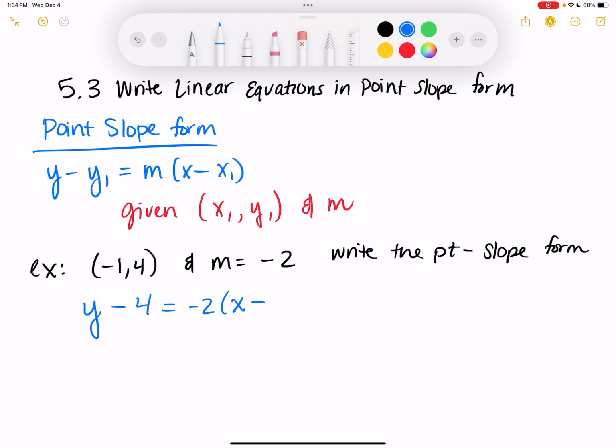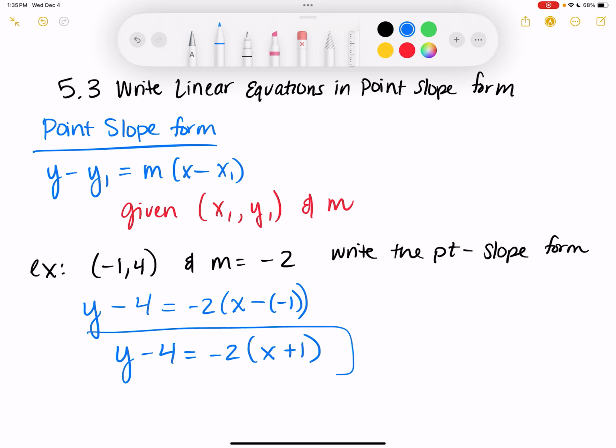I'm going to do it this way so that we see it visually. But minus a negative ends up being positive, so I would write this as y minus 4 equals -2 times x plus 1. And that would be how you leave your answer.